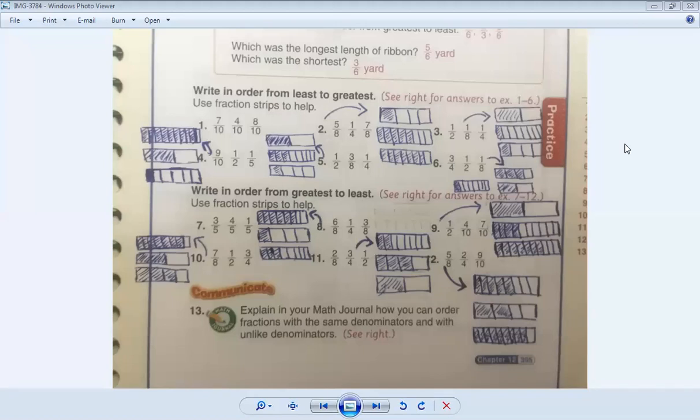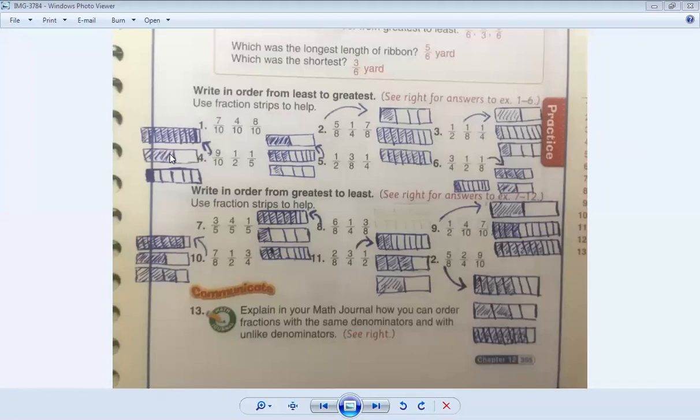From least to greatest, 1 out of 8, 1 out of 4, 1 out of 2. Very good. So you have to look at the strips, okay? 1 out of 2, 1 out of 8, 1 out of 4. The smallest one is 1 out of 8, then 1 out of 4, then 1 out of 2.